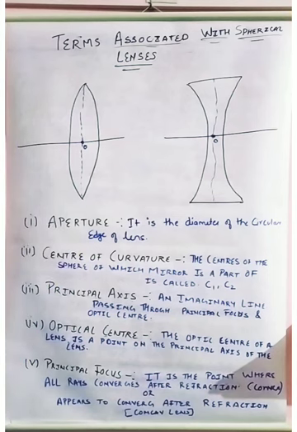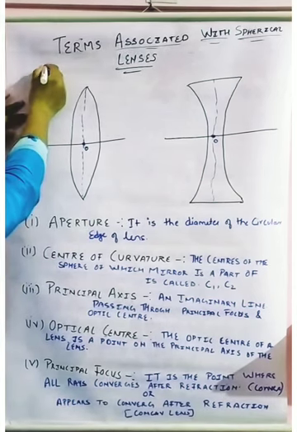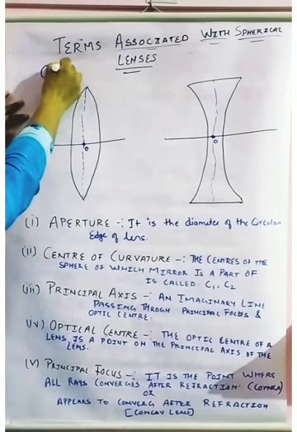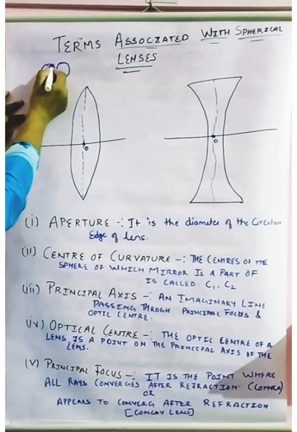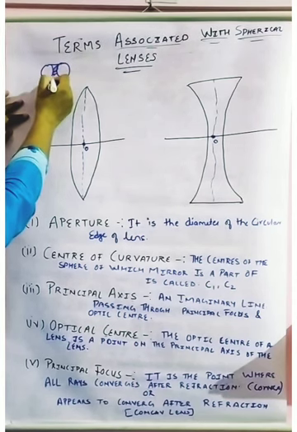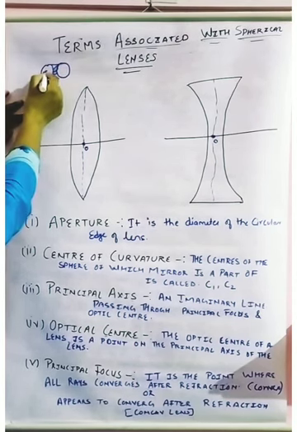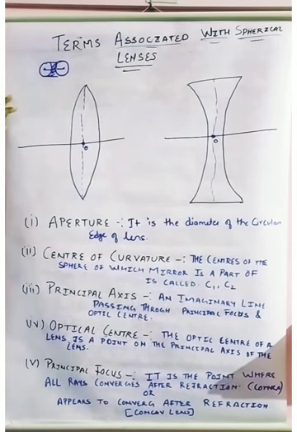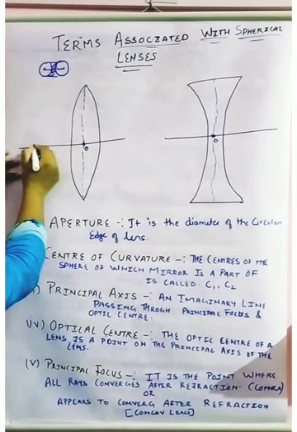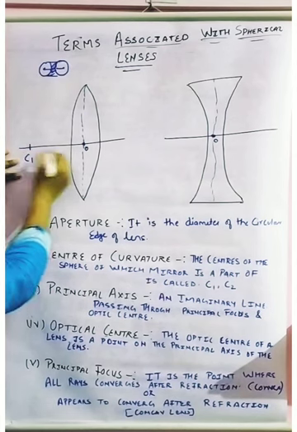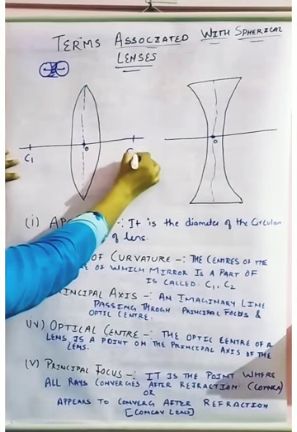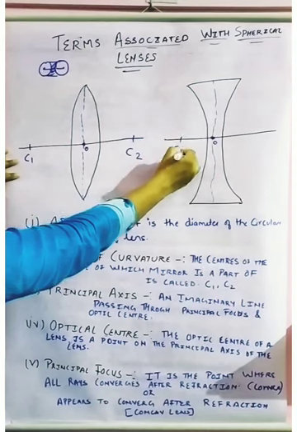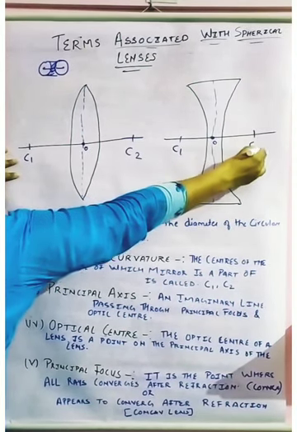Now what is the center of curvature? You remember that these lenses are made up of two spherical bodies. If this is made in this way, convex, obviously this has one spherical body, and that also has one center. So it will have two centers of curvature, which we call C1 and C2.